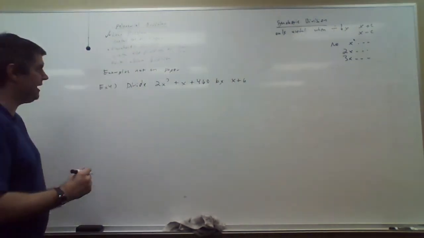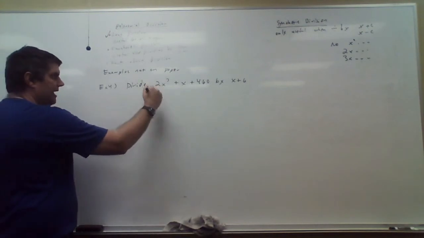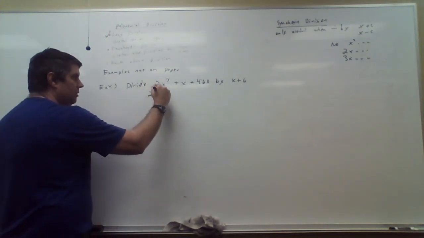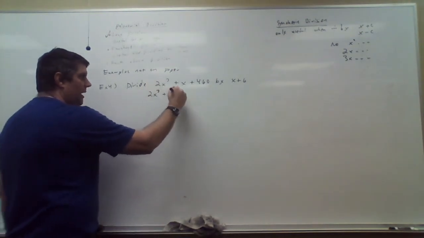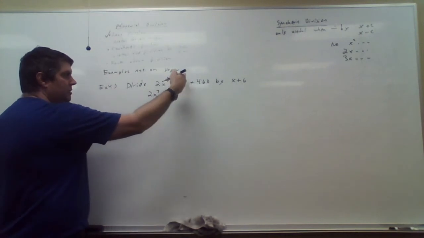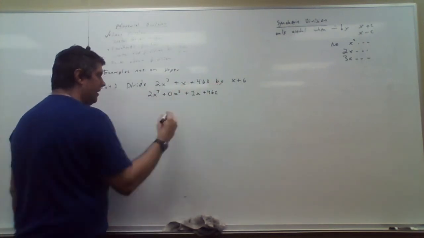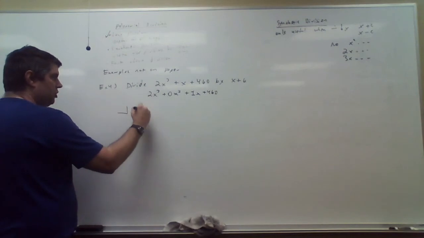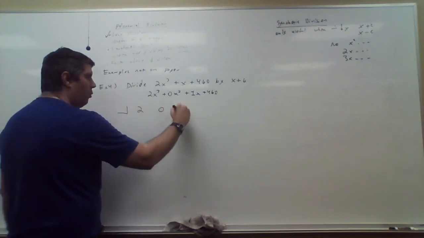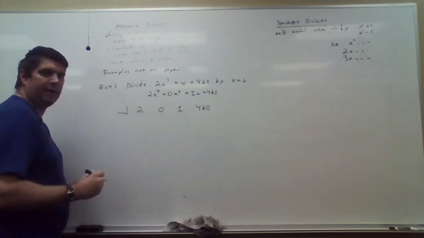Note that you're going to need to treat this as 2x cubed plus 0x squared, because we go from x cubed to x to the first, plus 1x plus 460. So, 2, 0, 1, 460.